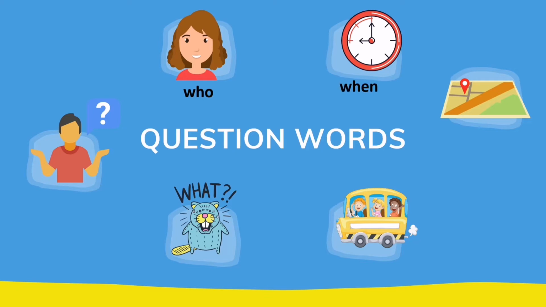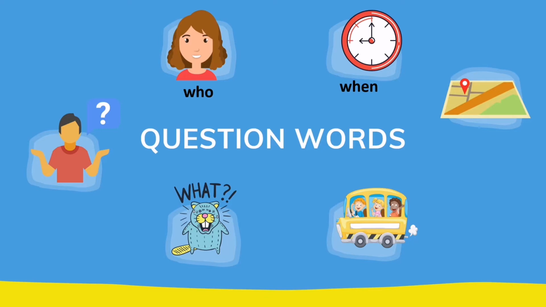Second one. When? This one W dia tak malu dah, dia tak shy. Dia bukan silent letter. When? Jangan sebut hen pula. W-H-E-N. When means bila.